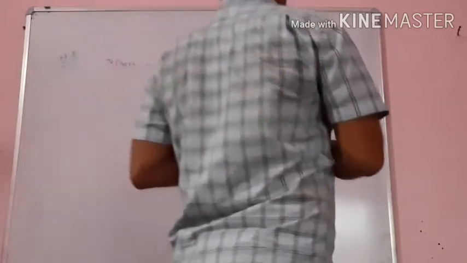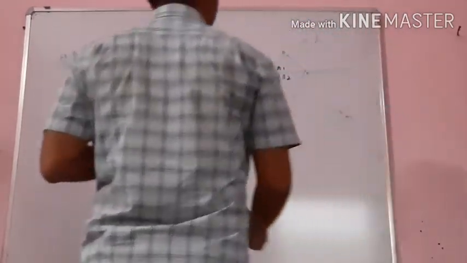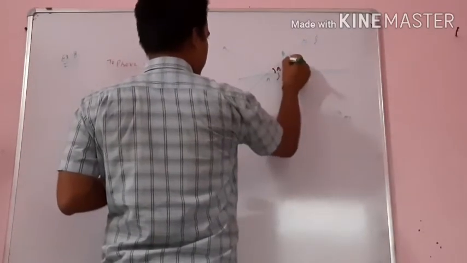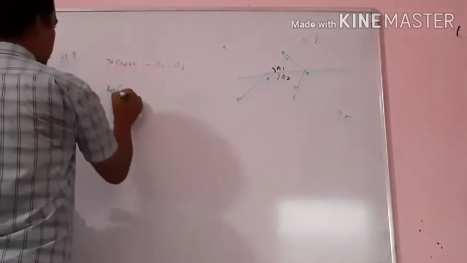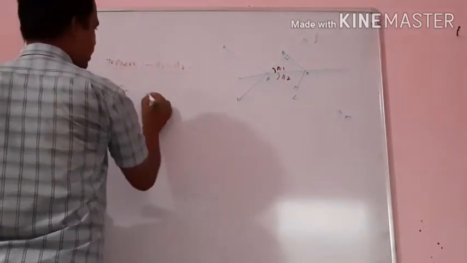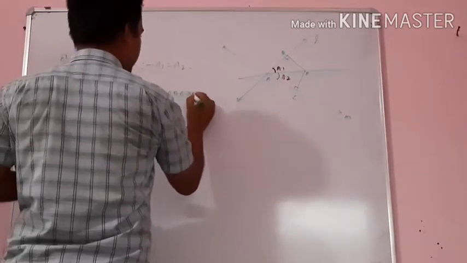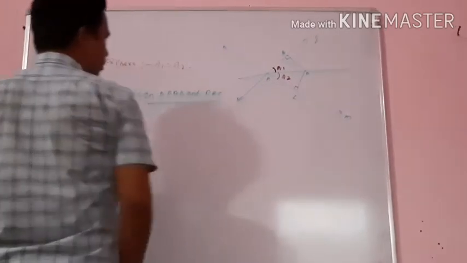Now, what will we do? We will draw perpendiculars. So, in the proof, take triangle PAB and triangle PAC. What do we have?